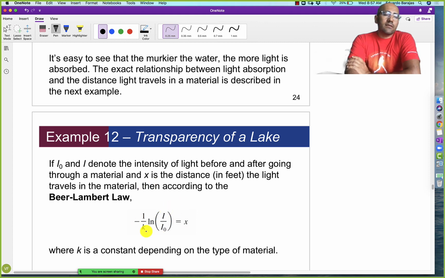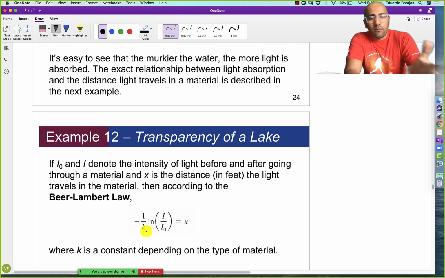And then k is some constant related to the particular substance we're talking about, whether it's glass, whether it's water, and even within water, there will be different constants for different types of waters, whether it's ocean water, whether it's a freshwater lake, just how much sand is in there, how many pollutants are in there, stuff like that.